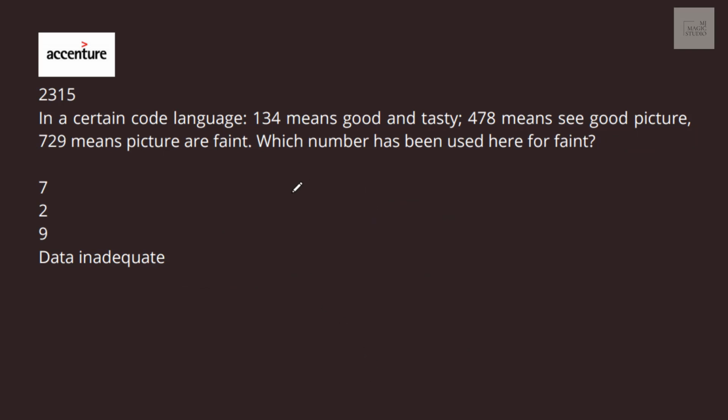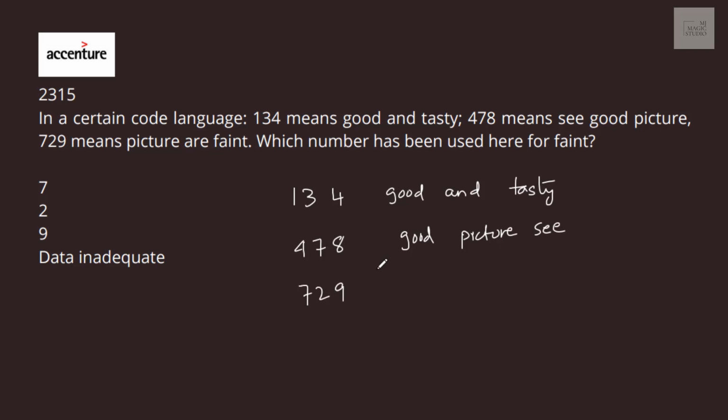In a certain code language, 134 means good and tasty. We have 3 words and 3 numbers. 478 is good picture, and 729 means picture are faint.